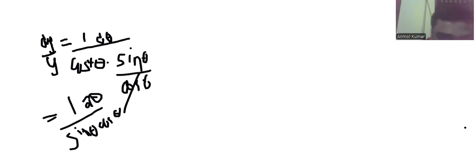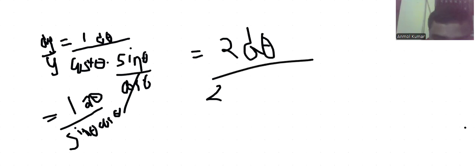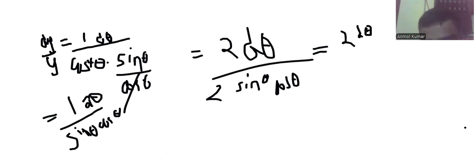So it becomes 2 d theta upon 2 sin theta cos theta, or this can be written as 2 d theta upon sin 2 theta.